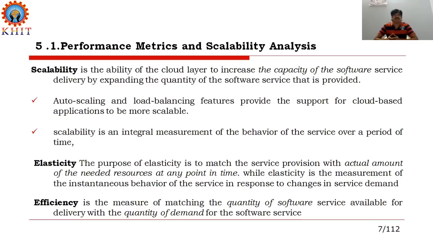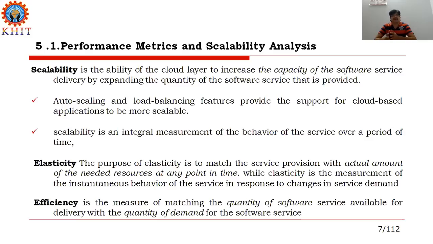So in any scenario with huge traffic, we need to upgrade the capacity by adding new servers to the existing server. That is called upgrading the scalability.